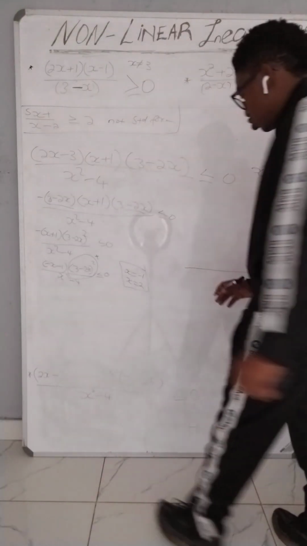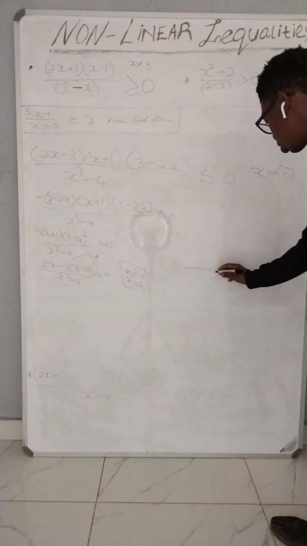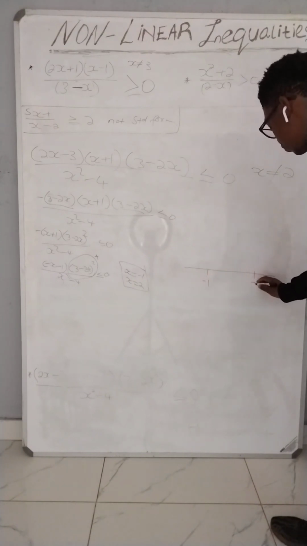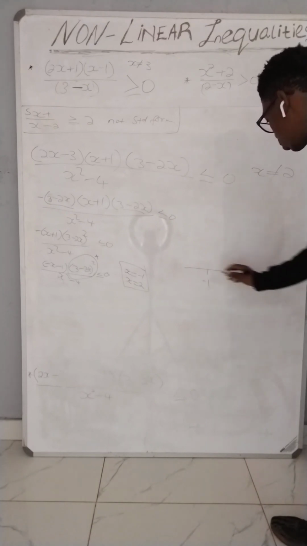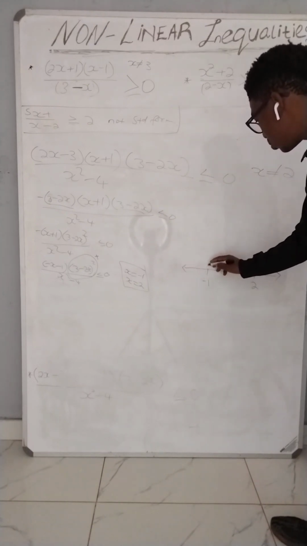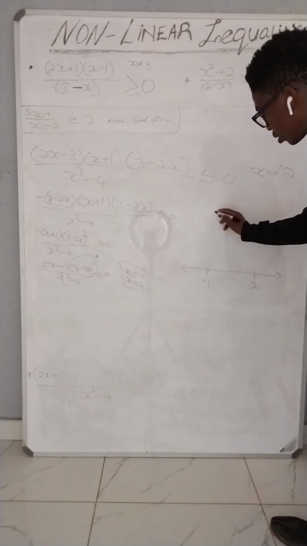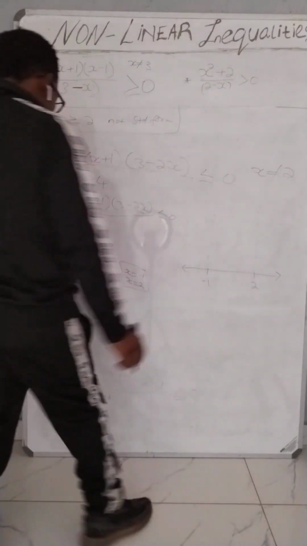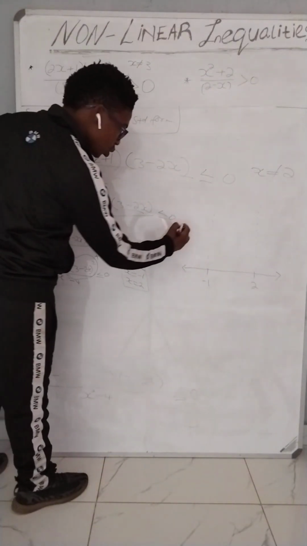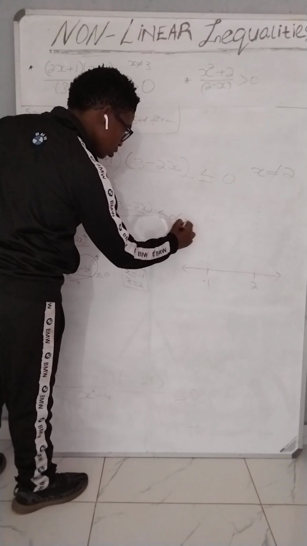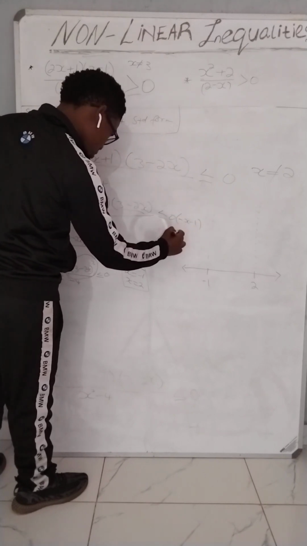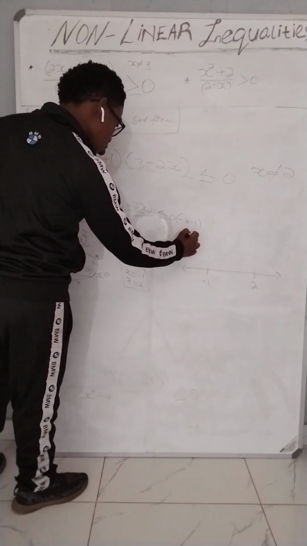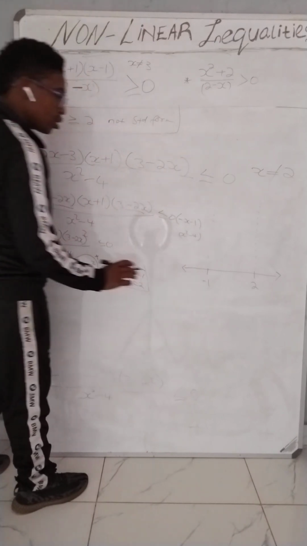So you will be testing -1 and positive 2, those factors only. This one you already know is positive. So you have minus x minus 1, and then you have x squared minus 4 as it is.